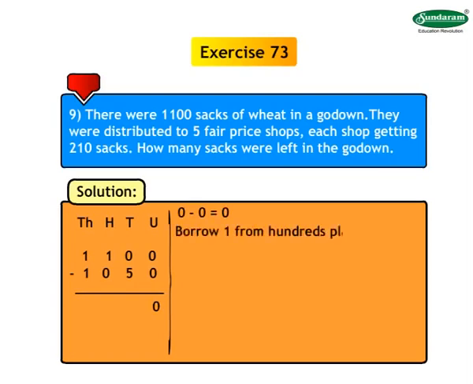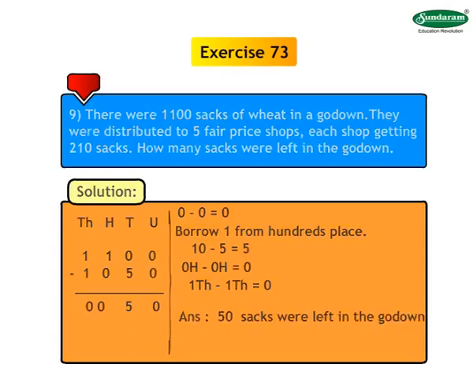Borrow 1 from hundreds place. Thus, 10 minus 5 is equal to 5. Write 5 to left of 0 in answer place. Next, in hundreds place, 0 minus 0 is equal to 0. And in thousands place, 1 minus 1 is equal to 0. Hence, 1100 minus 1050 is equal to 50. Hence, answer is 50 sacks were left in the godown.